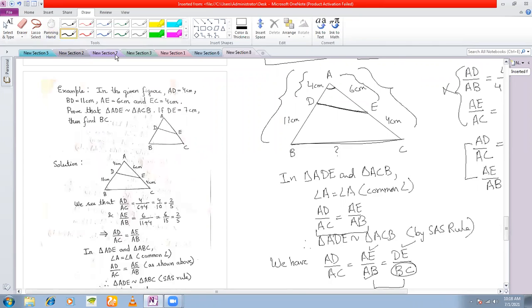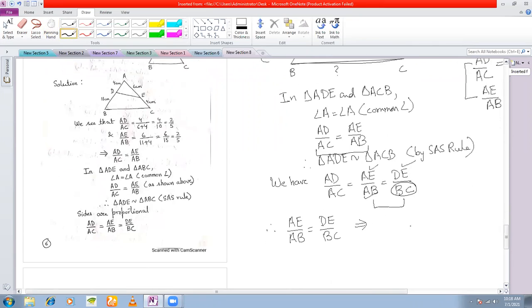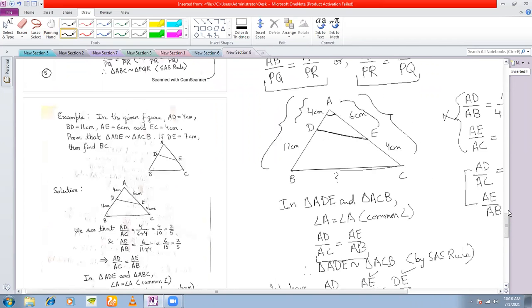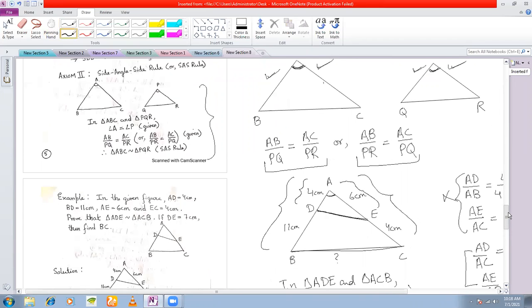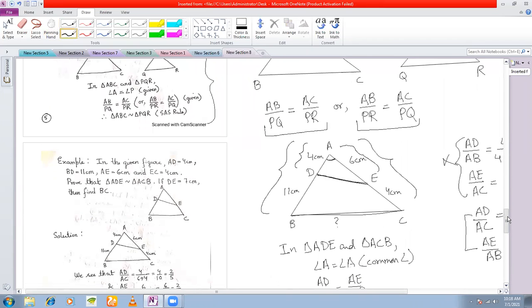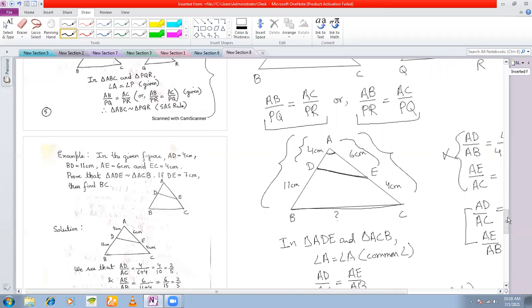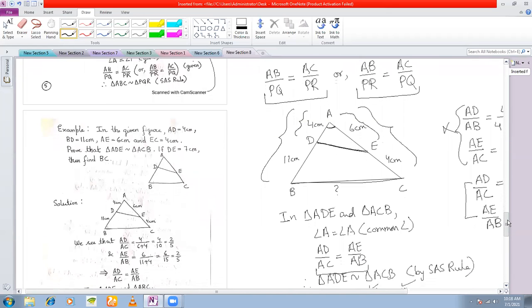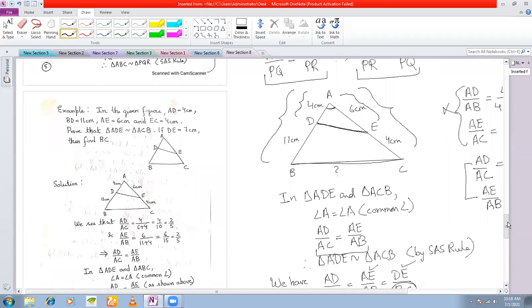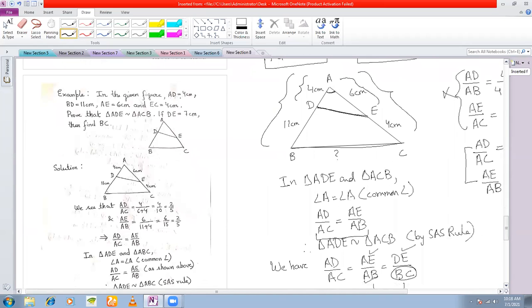AE here is 6. AB, how much is given here? Okay, AB we can find out. AB is the sum of the lengths of AD and BD. AD is 4 and BD is 11. So 4 plus 11.